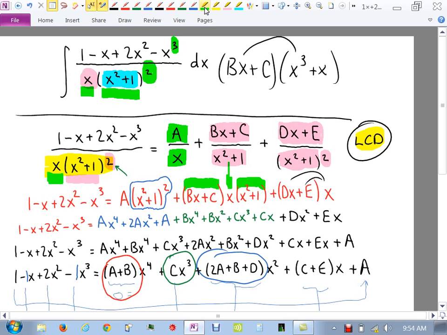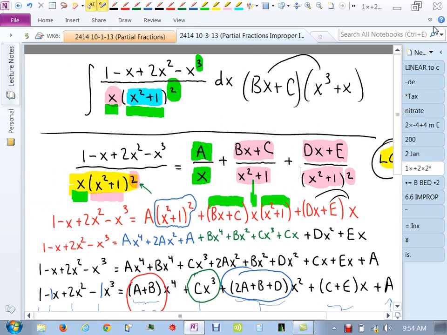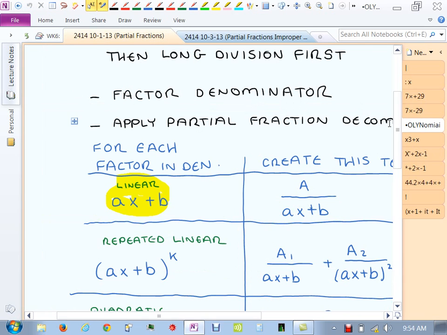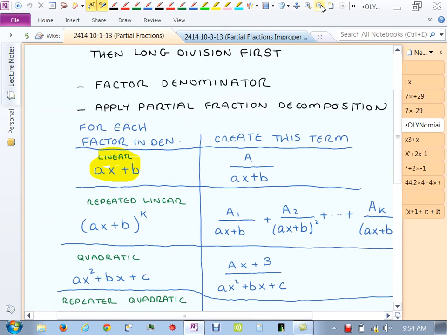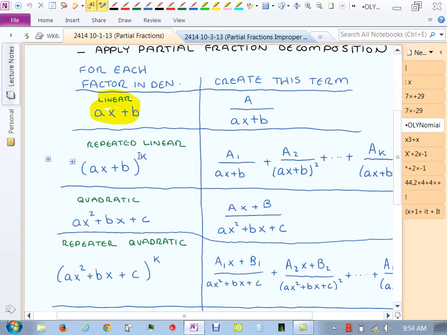And I may as well show you this because I don't want you to get too lost with this. That comes from this page on the previous class. It said that if you have a quadratic that can't be factored here, then you're going to write that quadratic with something like this on top of it.